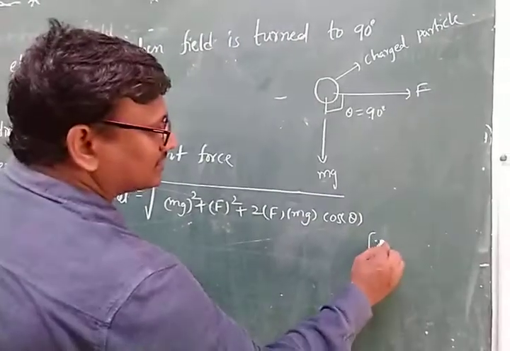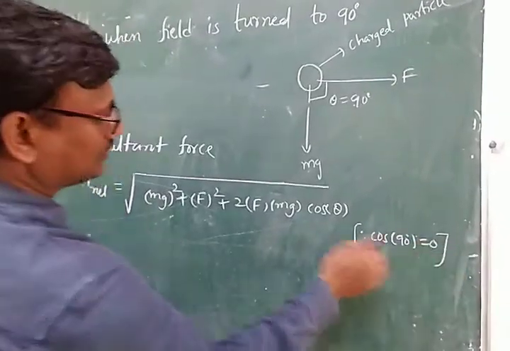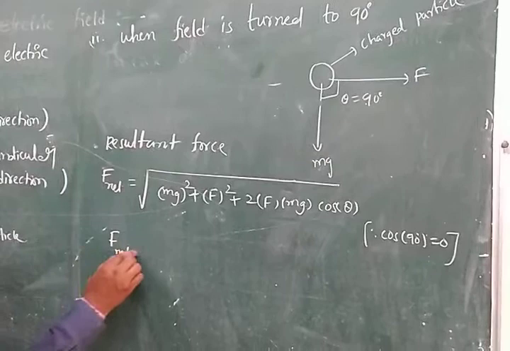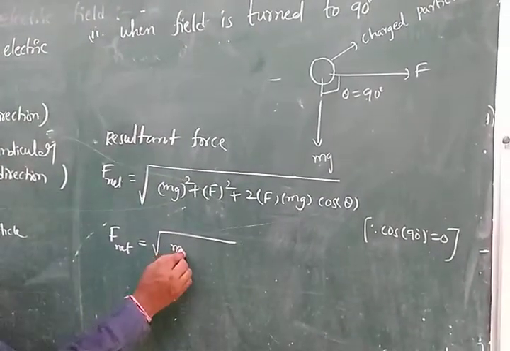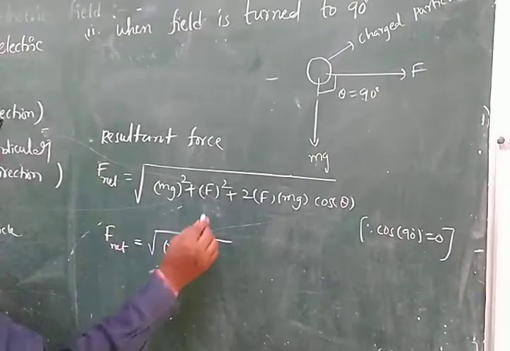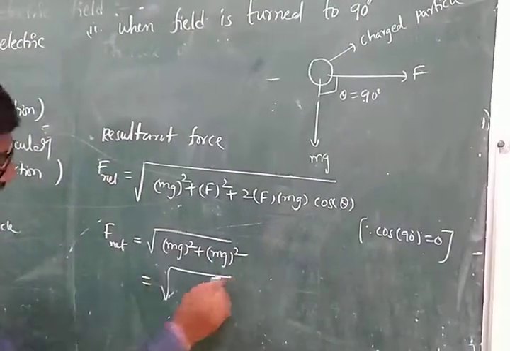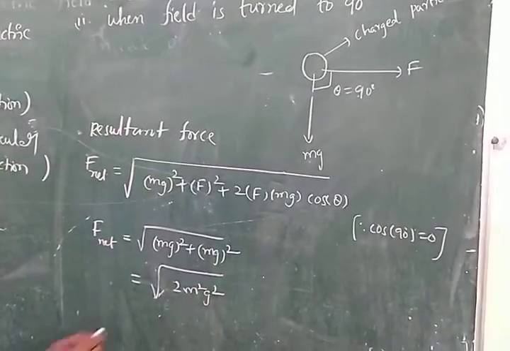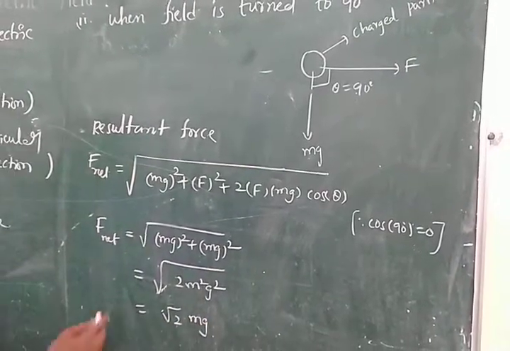Since cos of 90 degrees is equal to 0, 0 into something, this total term will be 0. F net is equal to under root of mg square plus mg square, that is equal to 2 m square g square. Then we can write root 2 into mg is equal to F net.